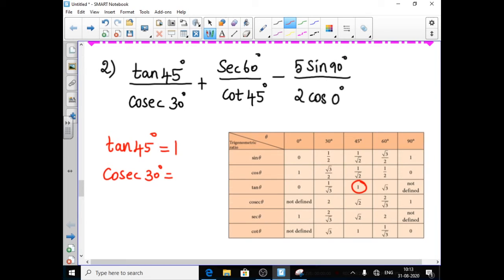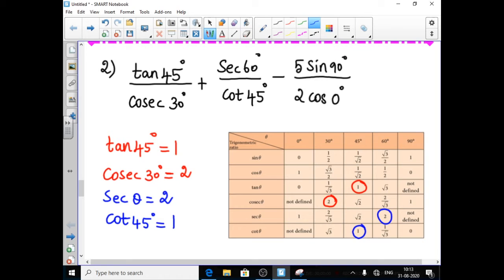So cosecant 30 degree is equal to 2. Then secant 60 degree, secant theta is the fifth line. Secant 60 degree is equal to 2. And cot 45 degree, the last line, cot 45 degree is equal to 1.